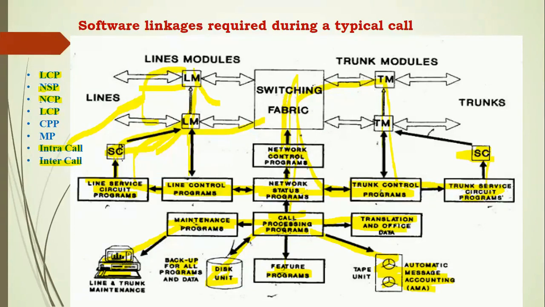Suppose one subscriber is in the upper line module and the second subscriber is in the second line module, it is an inter call, and it may even be in another trunk module also. So these types of calls are established during the software linkages. That is, to go through one call you need to go through all these specifications.